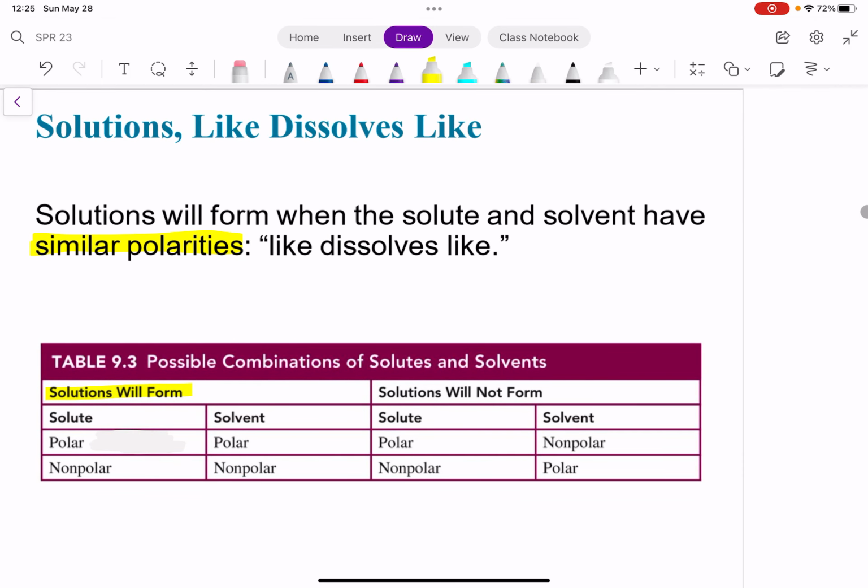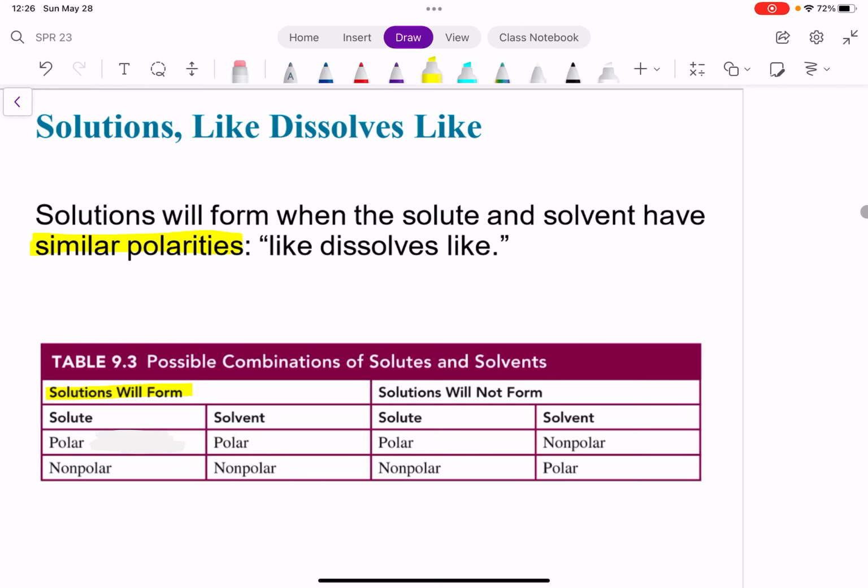If water is a polar solvent, and we try to dissolve oil in it, what do we see happen? Yeah, the oil doesn't dissolve. Why do you think that is? Do you think it's polar or nonpolar? Yeah, it's nonpolar. So solutions will only form when both the solute and solvent have similar polarities. They're either both polar or both nonpolar.